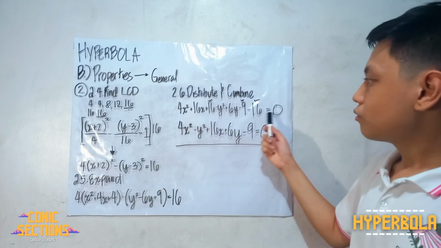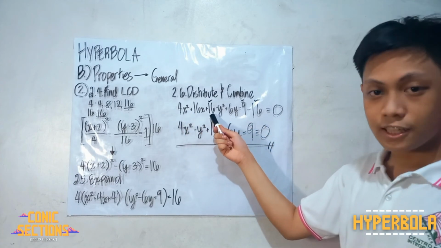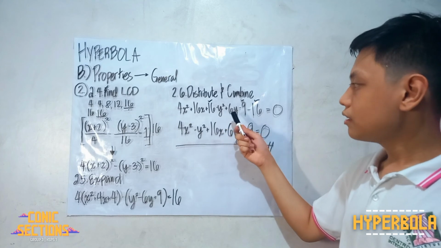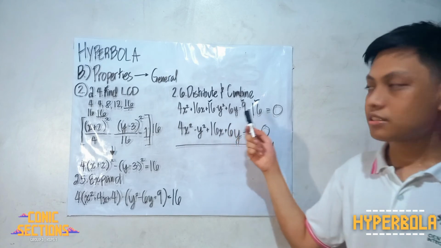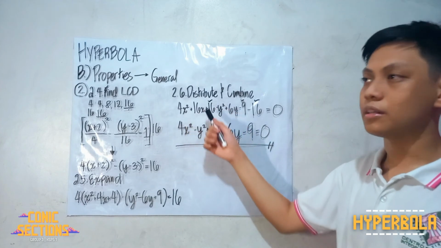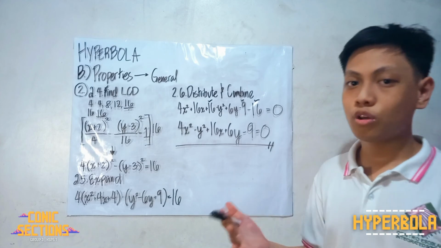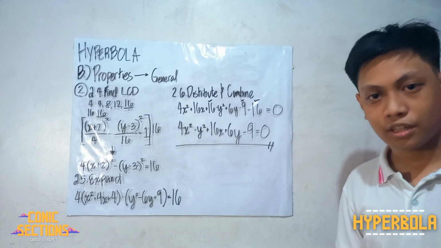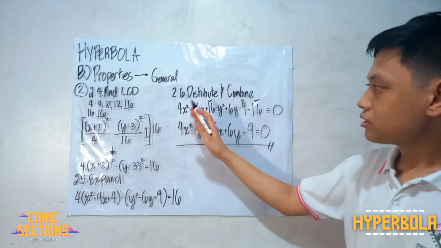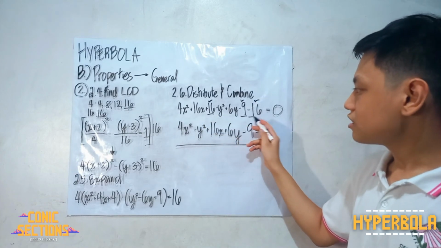So in this, we are left with 4x squared plus 16x plus 16 minus y squared plus 6y minus 9 minus 16. So we can combine now the like terms as well as rearrange the equation in order to make it look more like a general equation. So there are like terms here. We have the 16, the 9, and this negative 16.